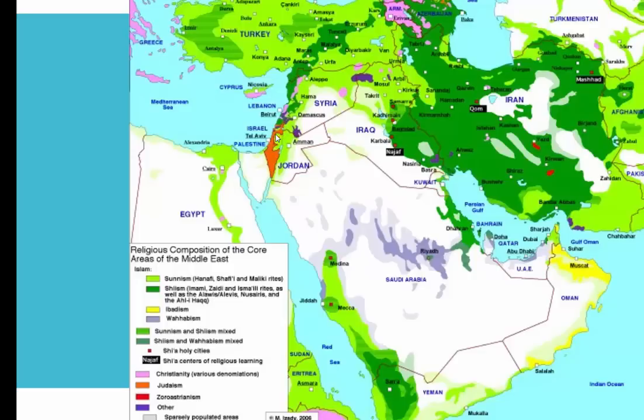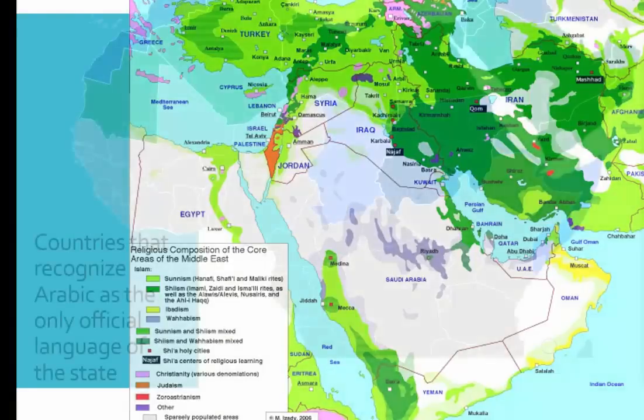In the country of Israel, of course, we have a predominant presence of Jews. And in the Middle East, we also have a number of Christian communities here along the Mediterranean, here in the region of the country that is Syria, and here in Iraq, and down here you can see in Ethiopia as well as in Egypt.